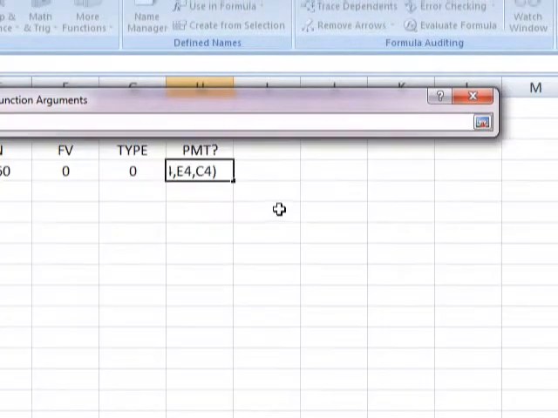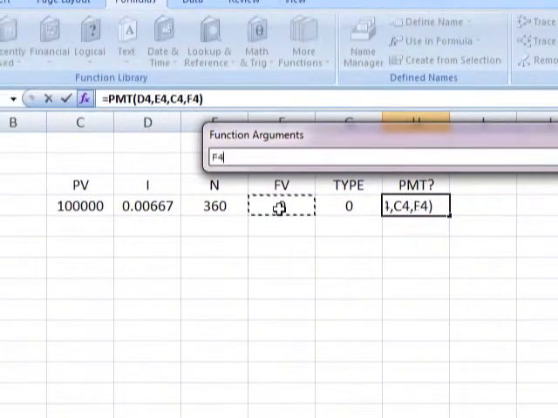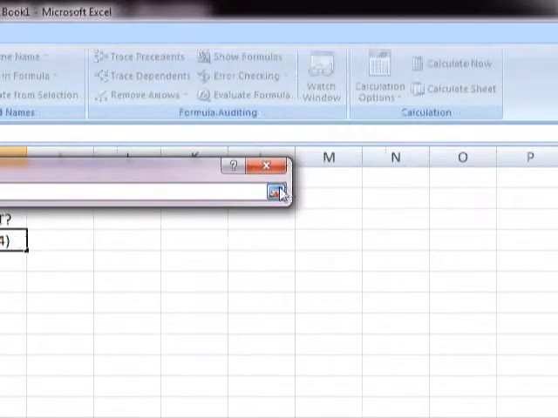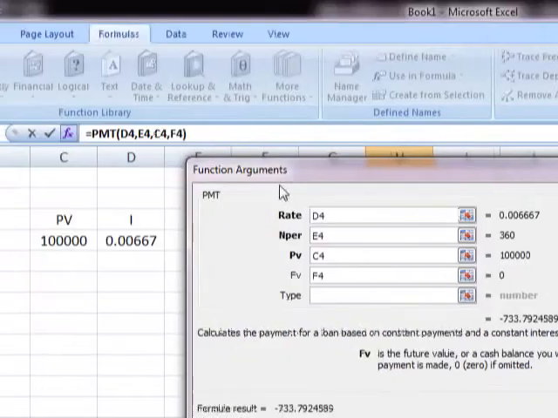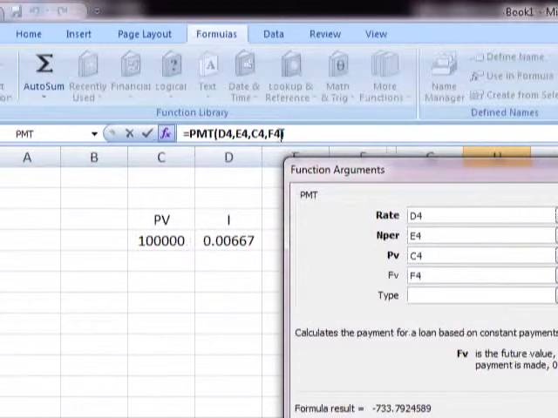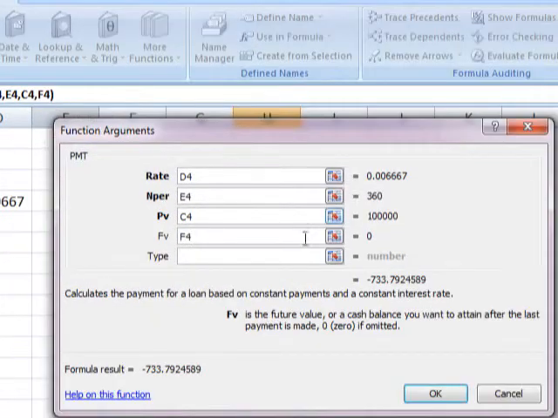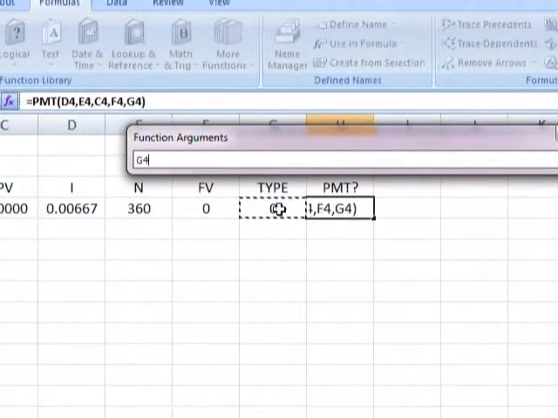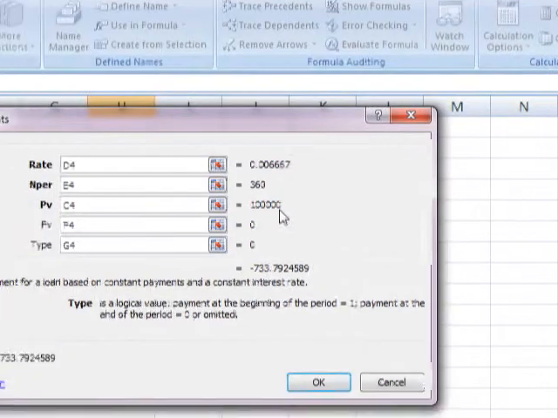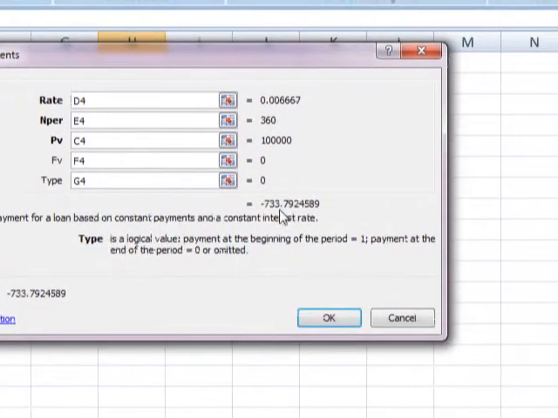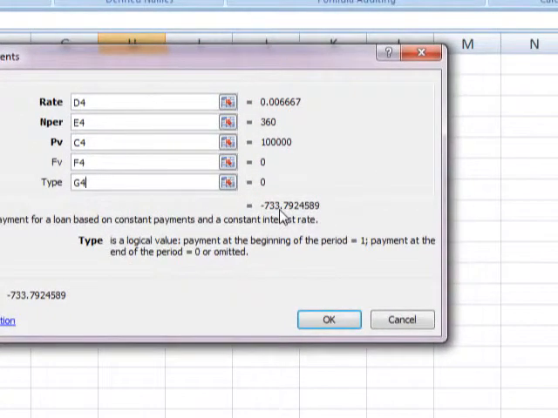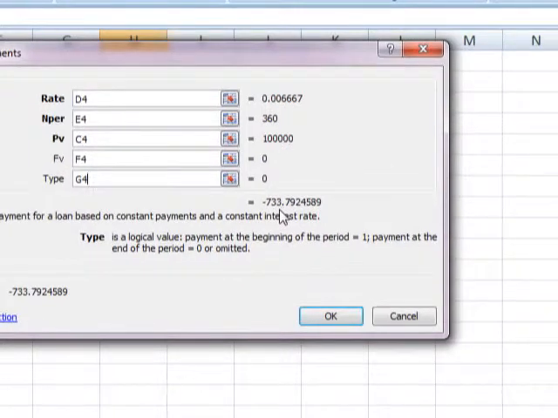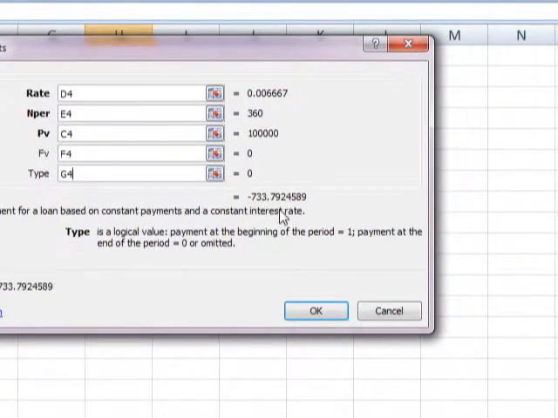Okay, we click on future value, 0. As we tap, you can see the cell numbers where those values are appear here. Click on type, 0, and we have every value, and the final result is minus 733.79.